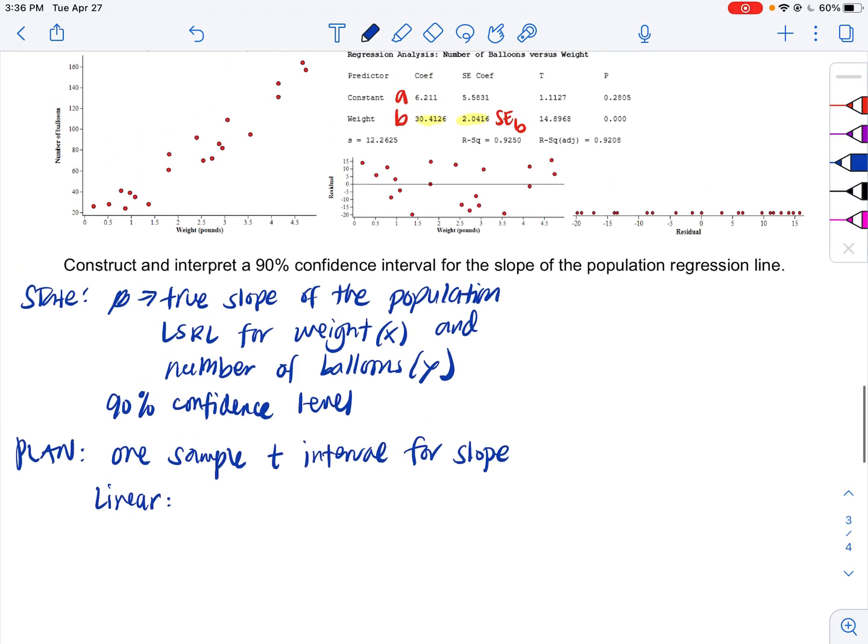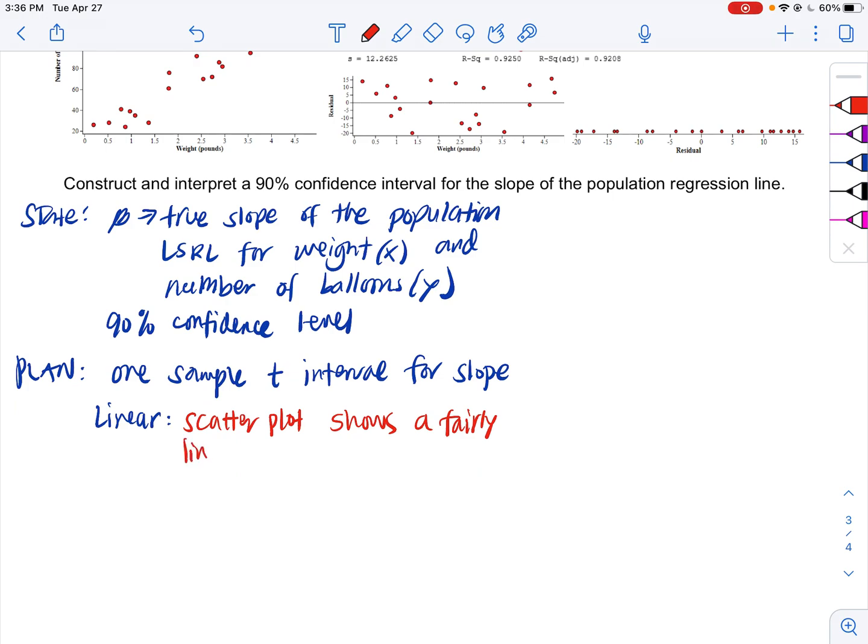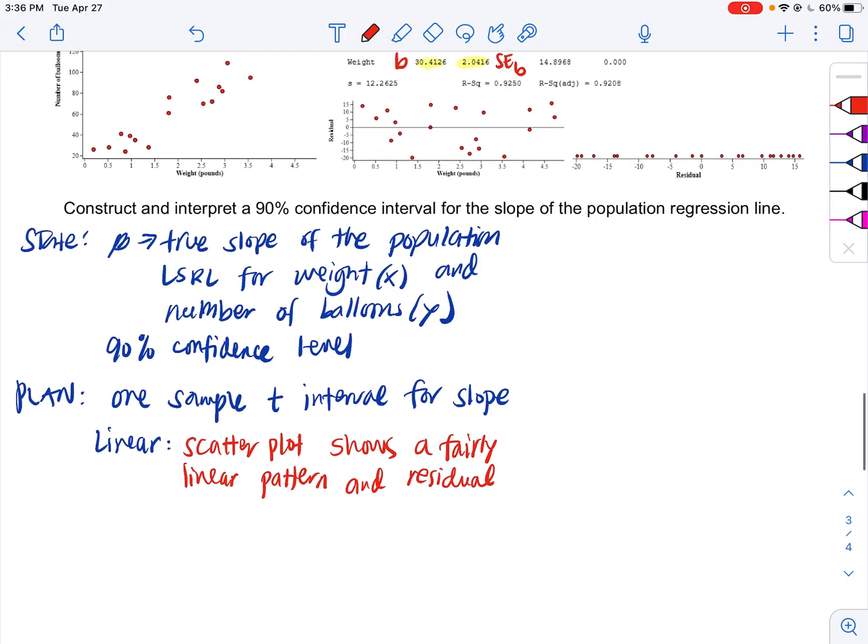Linear. Do we have a linear distribution? It looks like we do. So the scatter plot, let's do it in red because it's something new. The scatter plot shows a fairly linear pattern, and the residual plot is the next one, this one.